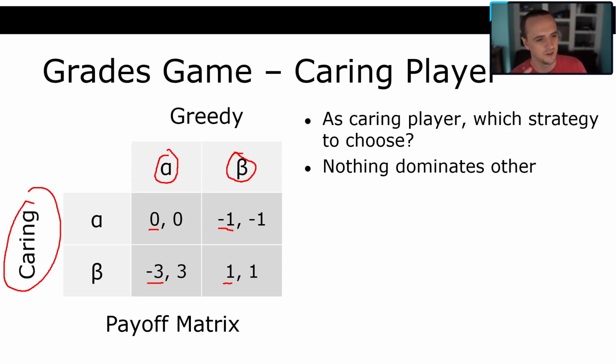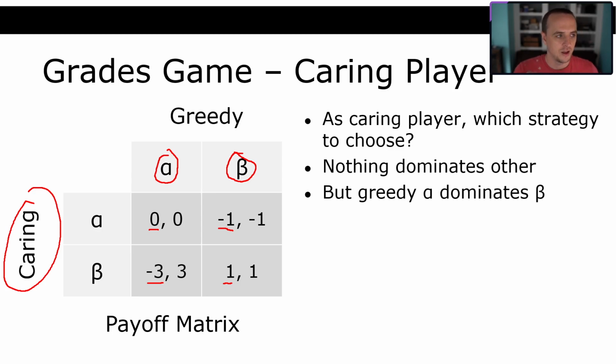However, if we remember what we just did last time, we know that for the greedy player, alpha dominates beta, right? So if you're the greedy player and you are a rational greedy player, you're always going to do better if you choose alpha.